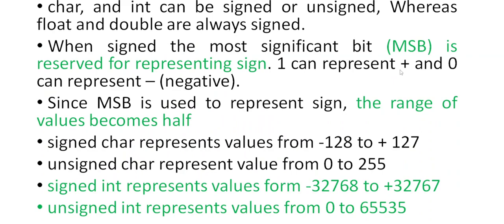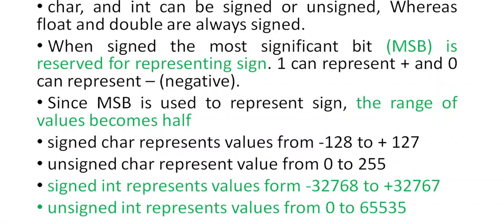Characters and integers can be signed or unsigned, whereas float and double are always signed. This is the restriction in the C language. Signed means it can be positive or negative. To represent the sign, you require at least 1 bit, because only 2 possible values are there, positive and negative.